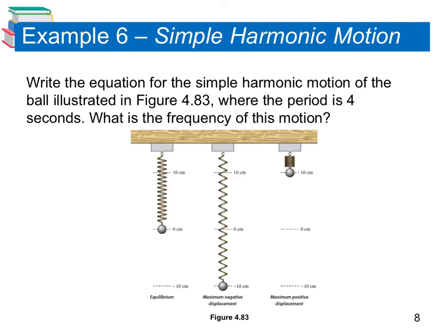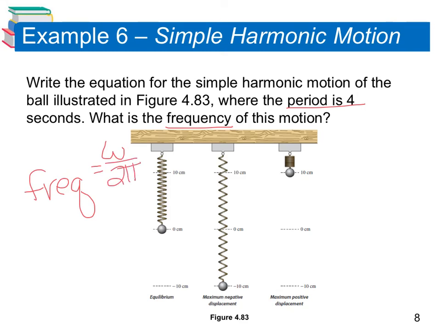Okay, this tells us the period is 4 seconds. What is the frequency? So if you look back at the previous screen, it told you in the little box that frequency is omega over 2 pi.